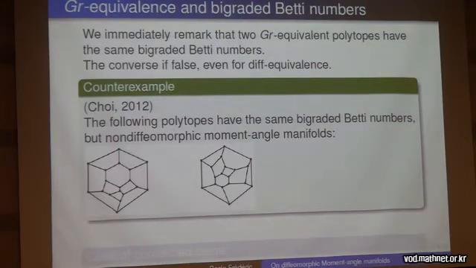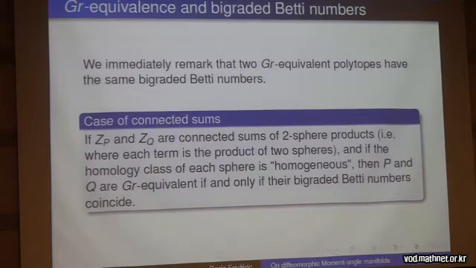An important case for us is the case of connected sums of two-sphere products. It can seem restricted, but a large class of polytopes give rise to moment-angle manifolds that are connected sums of products of spheres, with two factors in each product.